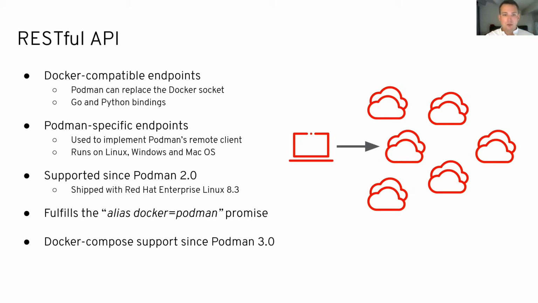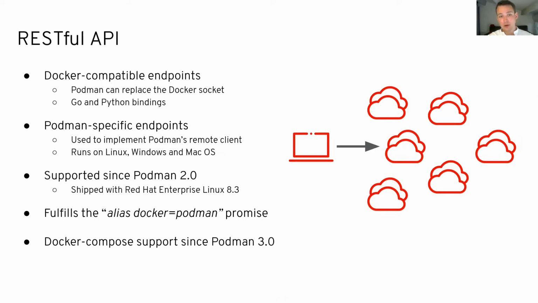Since Podman version 2, Podman has also a REST API that is compatible to Docker. So this is really fulfilling the promise of running as a drop-in replacement. So if you have workloads that use the Docker RESTful API, now you can just point it to the Podman socket, and you're done with it. So this really fulfills the aliasing promise that I mentioned earlier.